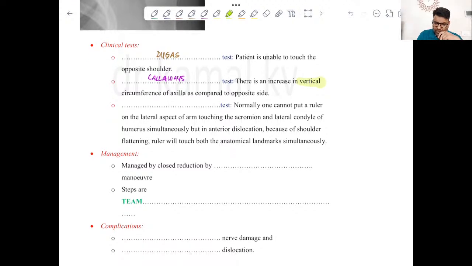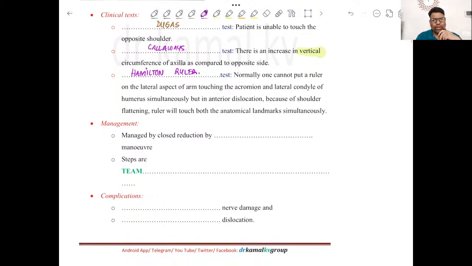And the third one is the Hamilton ruler test, because normally if we try to keep a ruler touching the lateral humeral epicondyle and the acromion process, it can never be in a straight line like this.